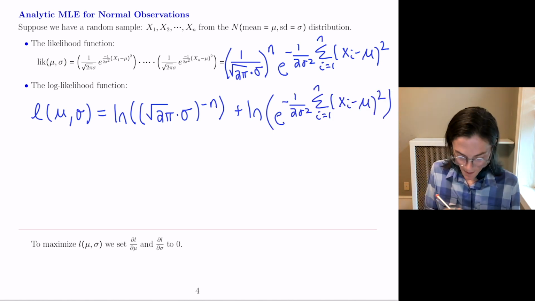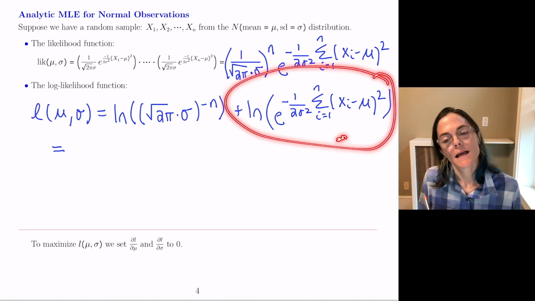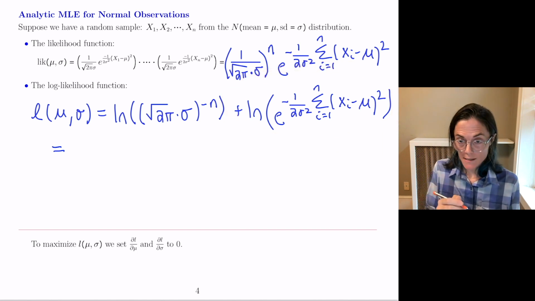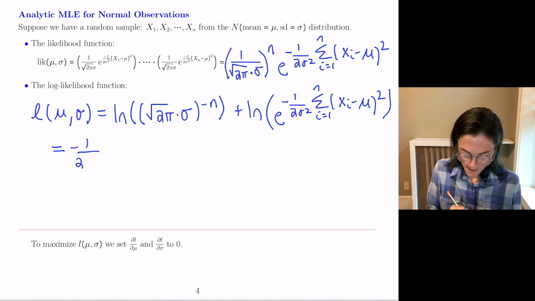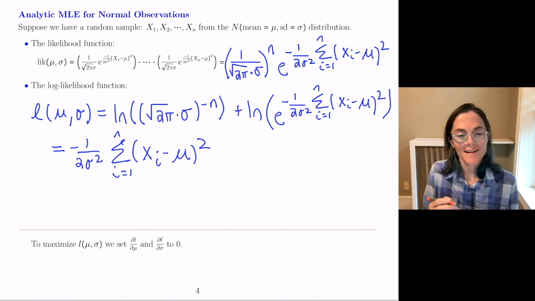We keep going with our log properties. Maybe I'll rearrange things. So let's do this one first. This is ln of e to something, and so we just get minus 1 over 2 sigma squared, and then we have this sum of xi minus mu squared.